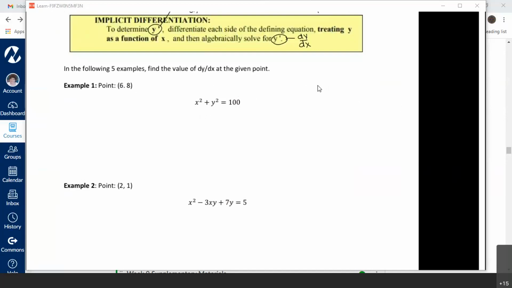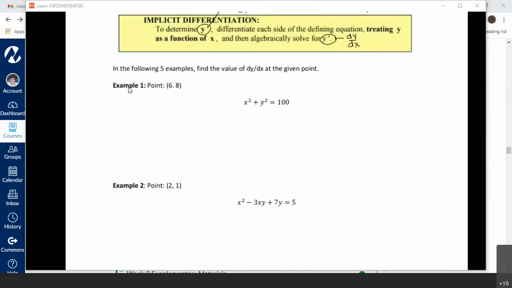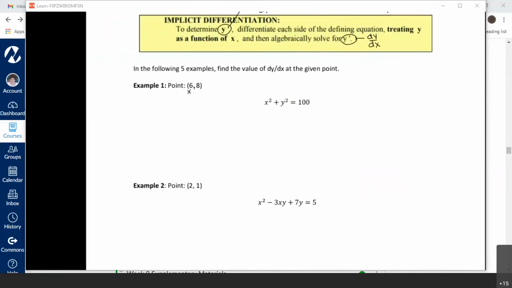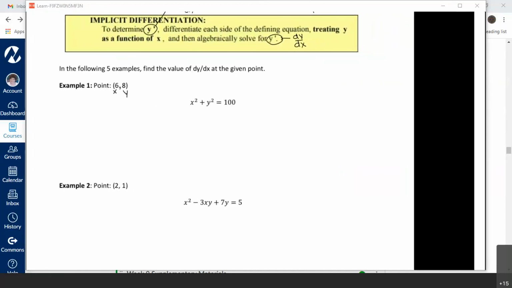Then once we find its derivative, we're going to plug in the x and y values of the point and find out what the value of the derivative is at that point. So again, the derivative has the same meaning as it always has. When we get this number, and it will be a number because we're plugging in x and y values, we're finding the derivative at a point.